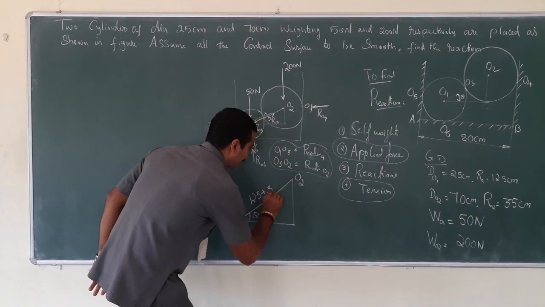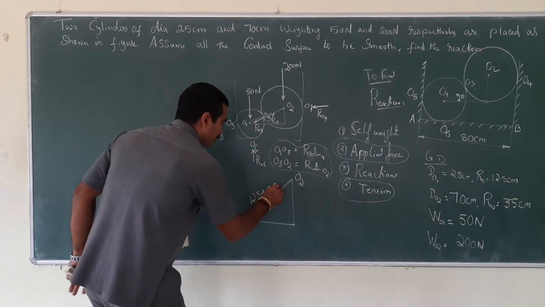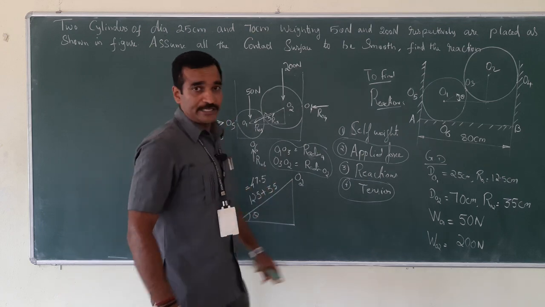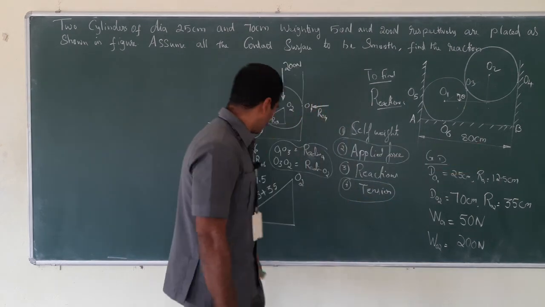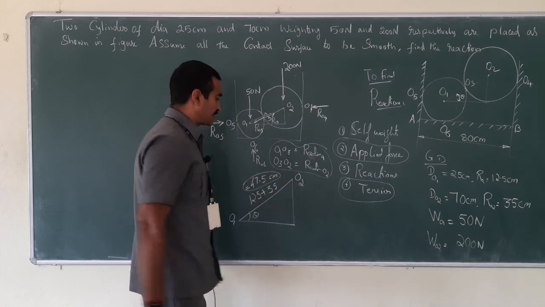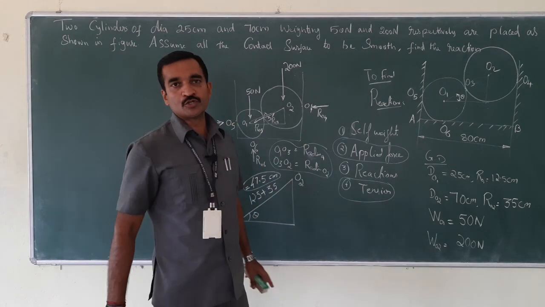If you just sum these two, it would be 47.5. What is the unit here? It is in centimeter. So 47.5 is the distance between O1 and O2.